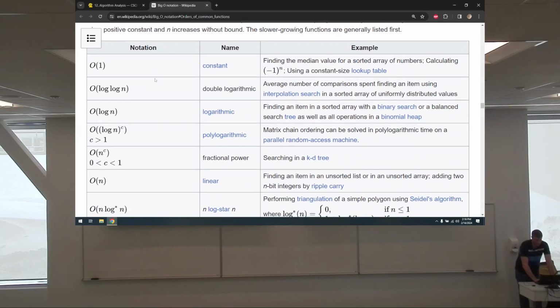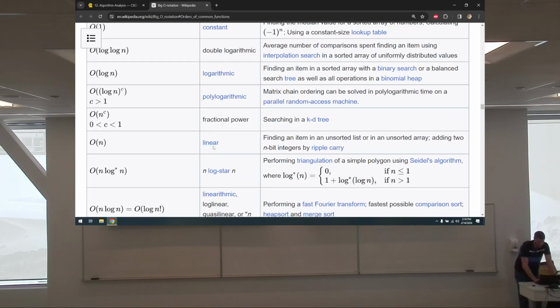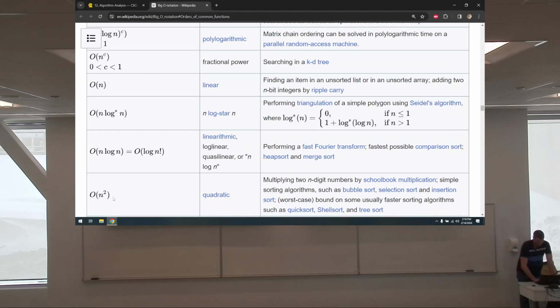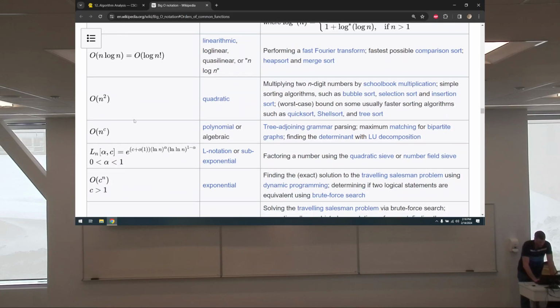Of these, the ones we really usually care about are constant, logarithmic, linear, and n log n. I have never heard this phrase before outside of this, and I asked so many colleagues, they're like, I've never heard of that before. And then you've got your quadratic, and then you have polynomial where it's n to the power of some c that's bigger than 2.